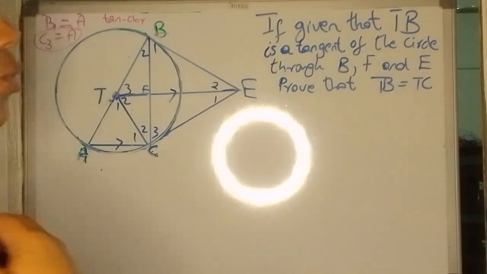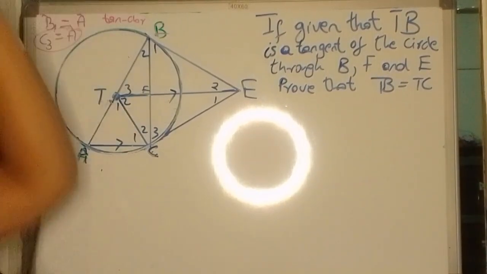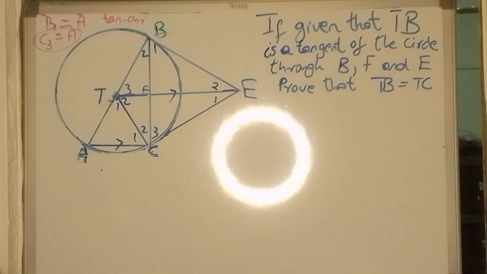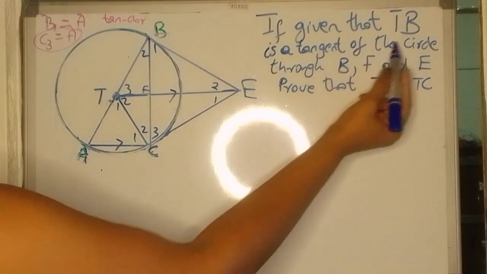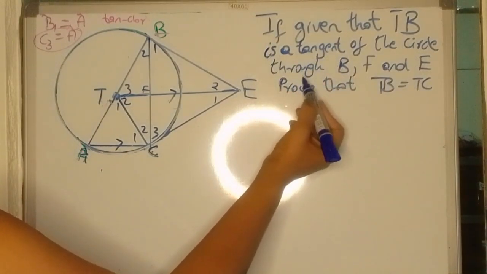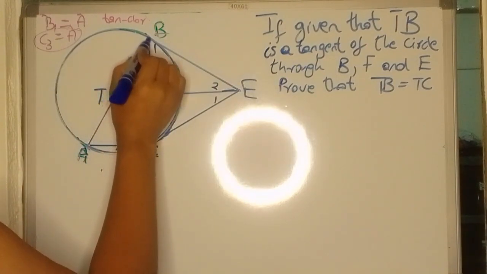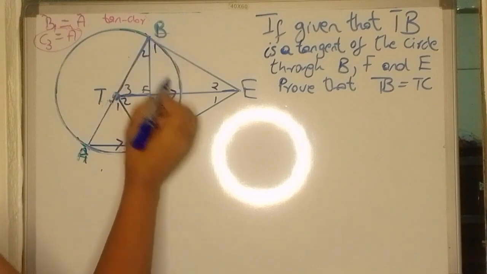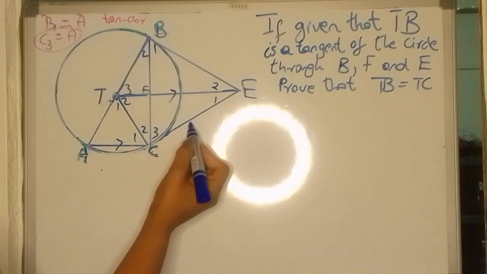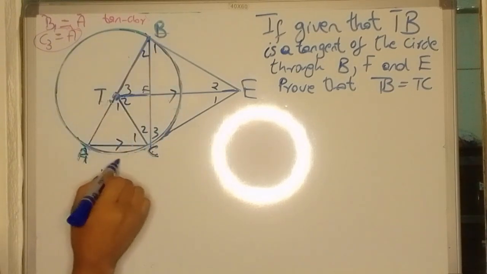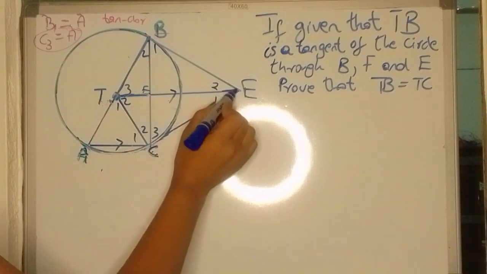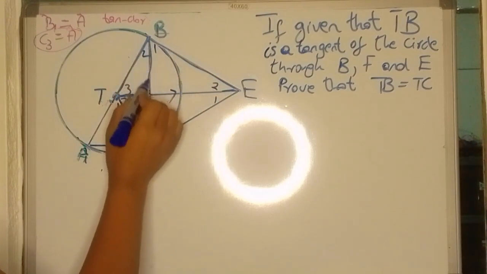Alright, so with the fourth question, we are given that TB is a tangent to the circle through BFE.